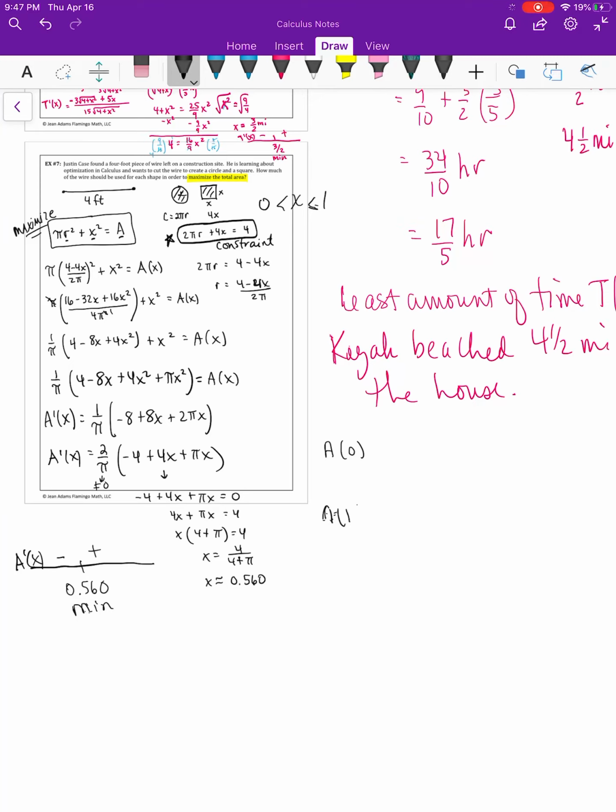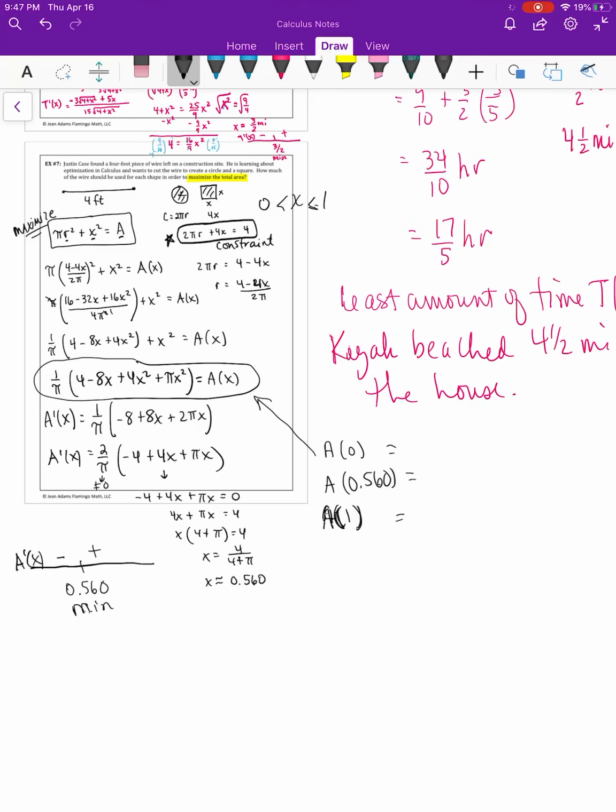So x would be like 1 foot. So your x has to lie between 0 and 1. So we're going to try a 0, and we're going to try a 1. And while we're there, we can just make sure that this is a minimum. But we want to look at all these things.